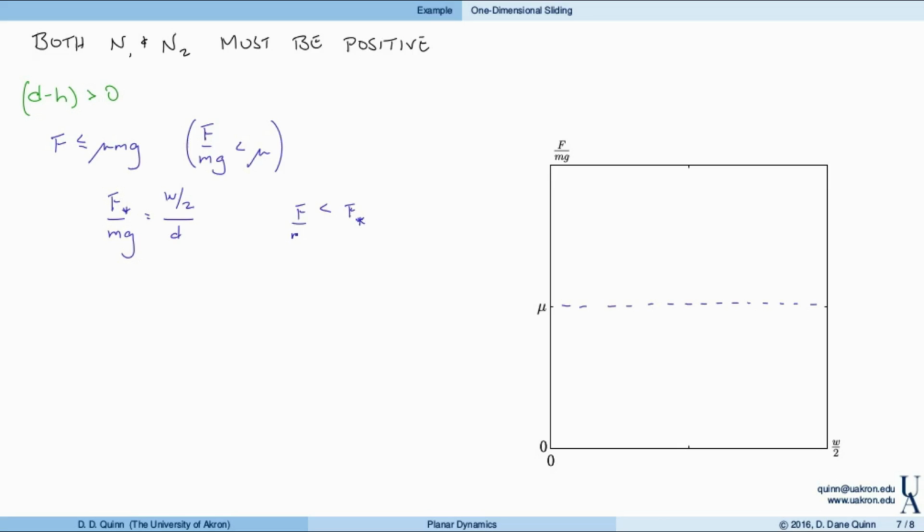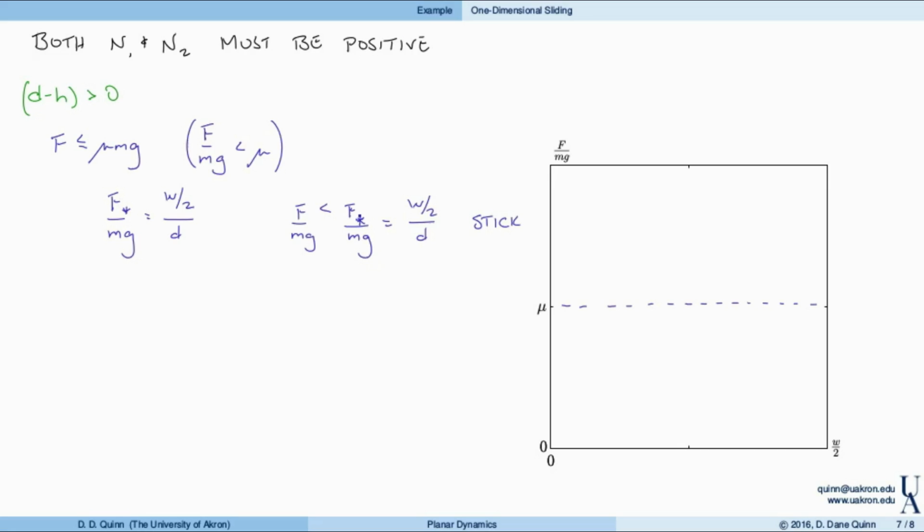If F over mg is less than this value, then we have stick. And if it's greater than this value, then we have roll.